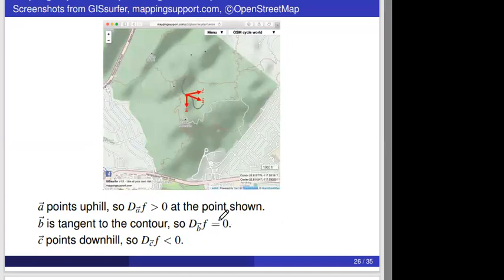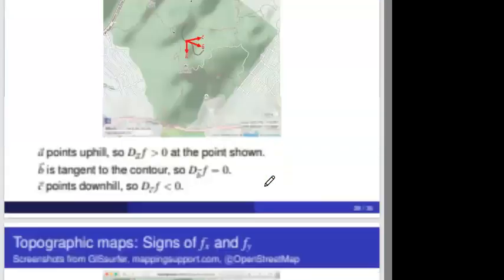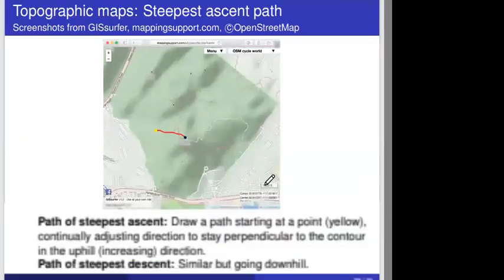If the directional derivative in direction b is 0, then b should be tangent to the contour. And if the directional derivative of f in the direction of c is negative, then c points downhill.